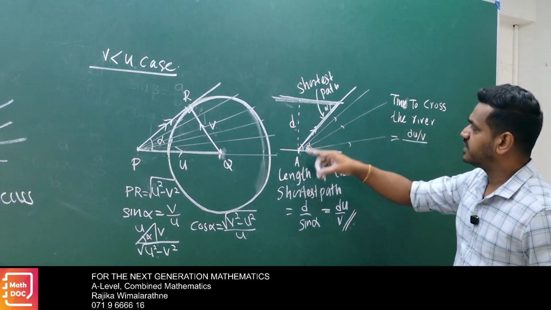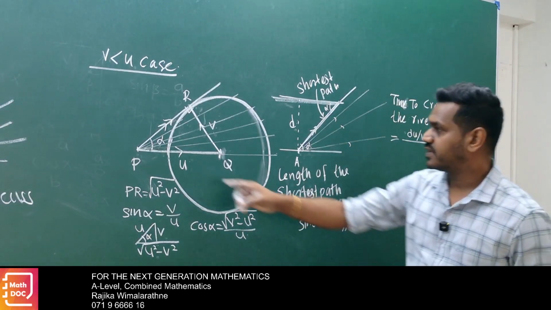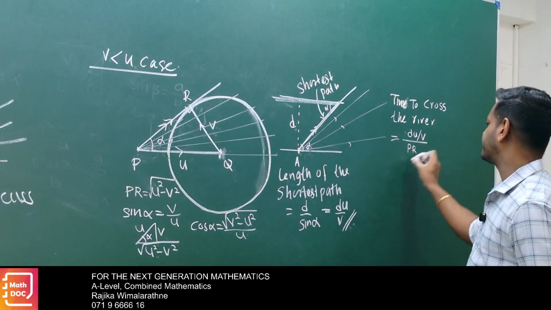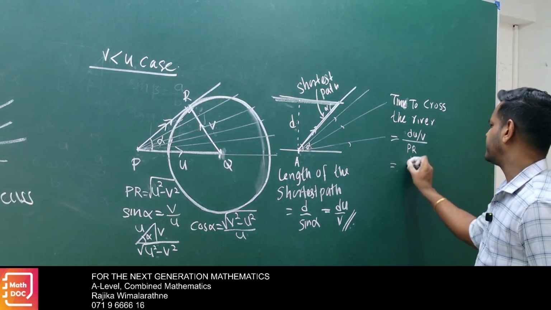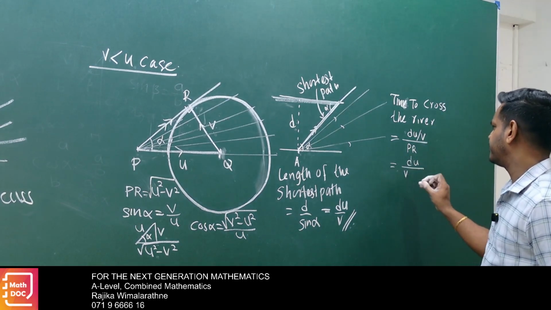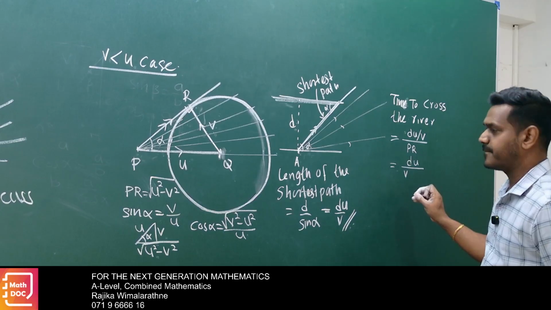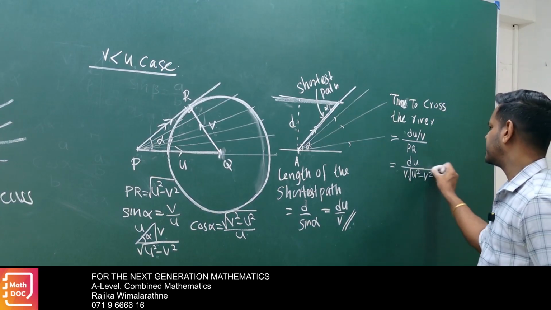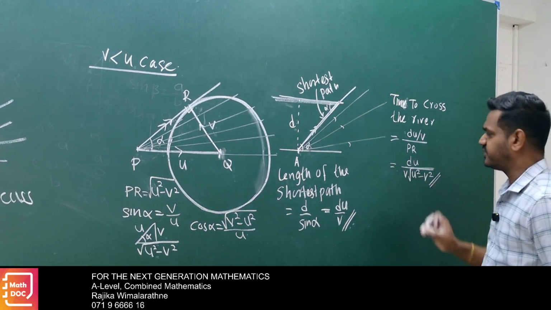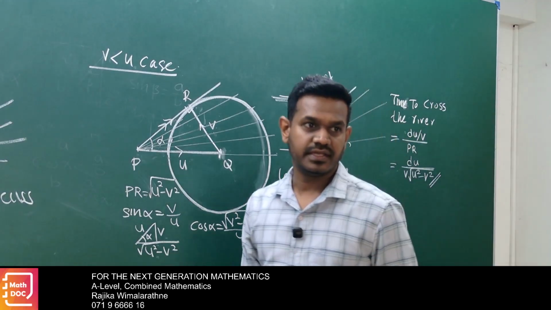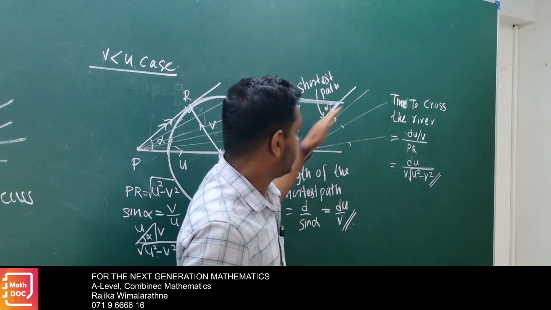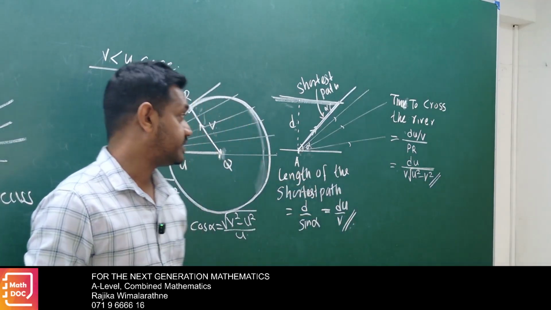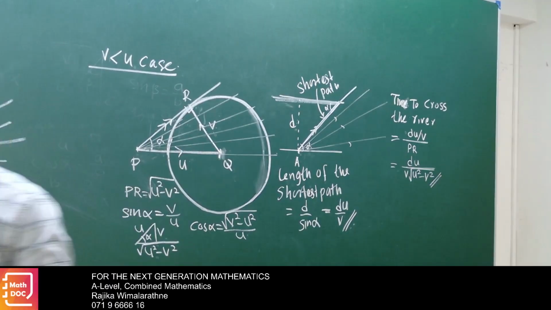Then the length of this path DU divided by V, then along that path the velocity is PR, then you divide by PR. Then simplify: DU over V, divided by the square root of U squared minus V squared. Now, the time to cross the river. Okay. Then you take the length of the path and divide by the corresponding velocity. Continue.